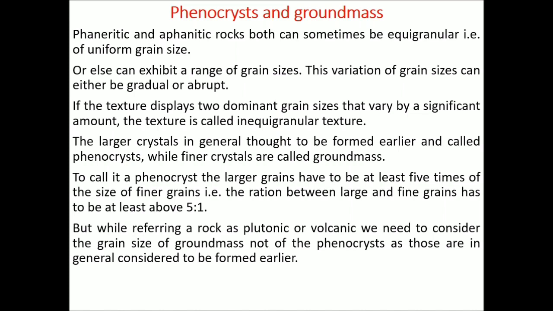So if you are getting a 6 millimeter grain phenocryst within ground mass of 1 millimeter grains, and based on that grain, because that grain is covering more area, more volume, you are saying that this rock is coarse grain to very coarse grain, then you are completely wrong. You have to check the grain size of the ground mass only before concluding the grain size of that rock.